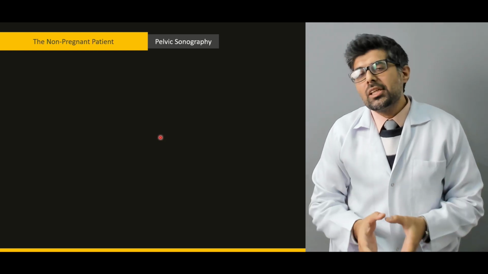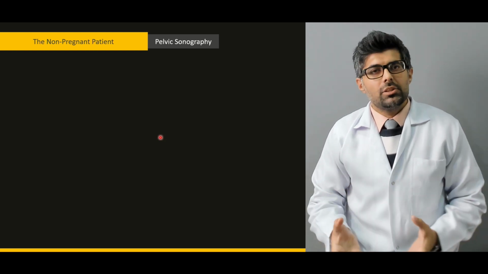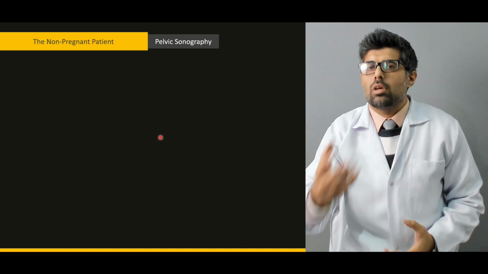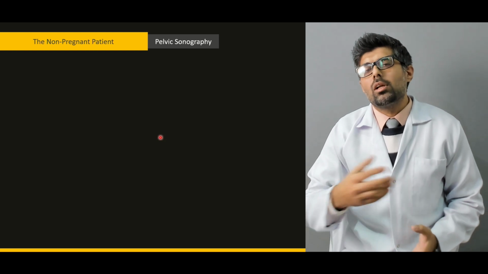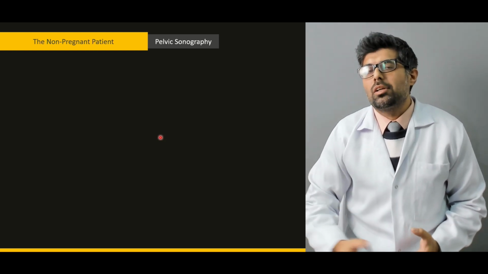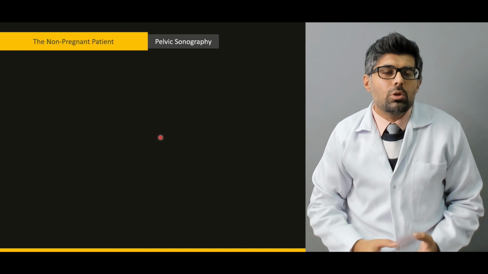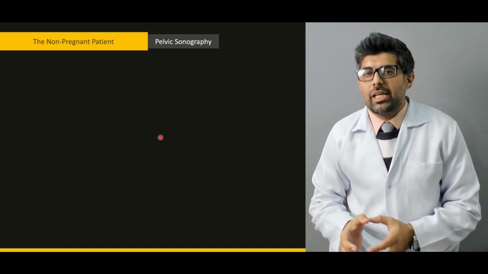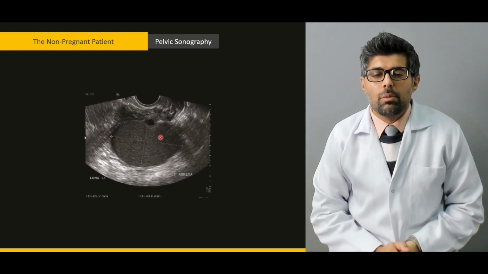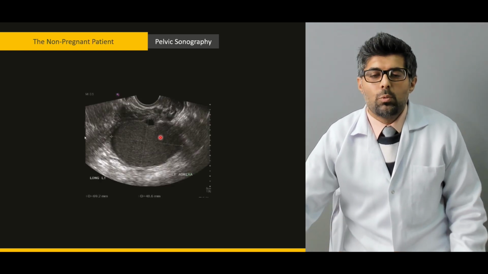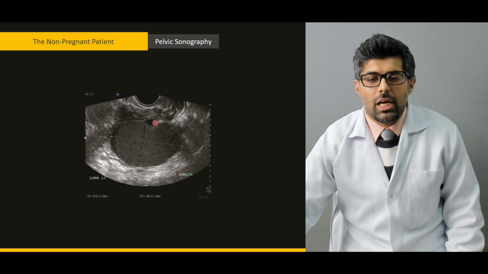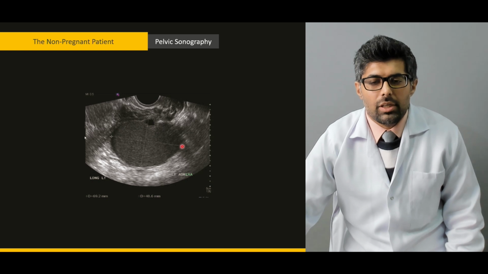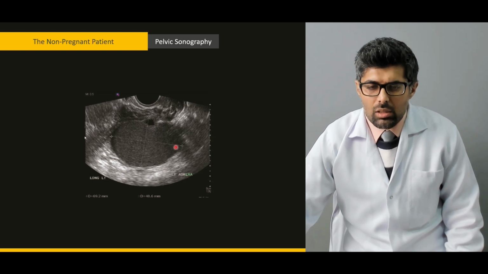Hemorrhagic cysts are simple or functional cysts which have undergone changes and have started to bleed, and these are the most dangerous ones. Now, here is an image of a patient. This is the endometrium, the uterine cavity, and this one here is the cyst.